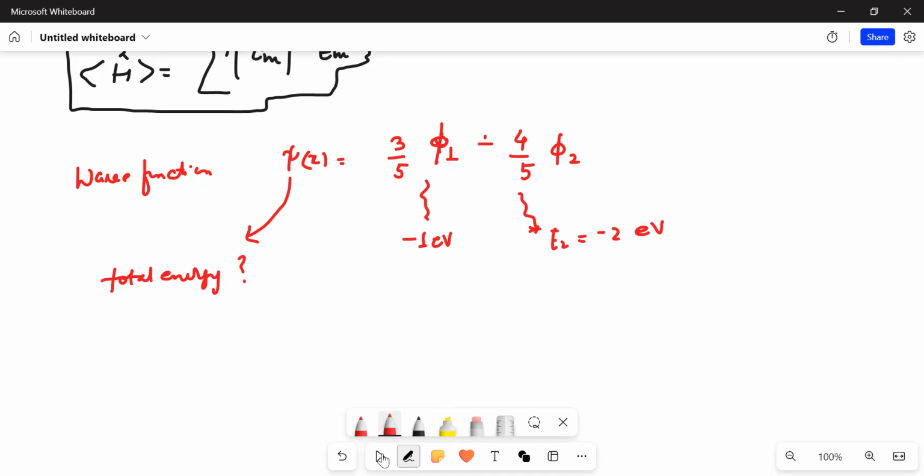So how to do this? The expansion coefficients are to be squared. So total energy E would be simply 3 by 5 whole squared times the energy corresponding to it, which is -1, plus 4 by 5 squared times -2.